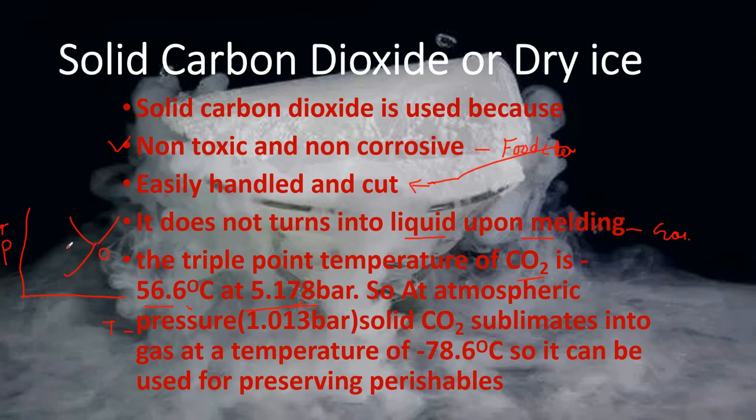This is point O, and suppose this is point A, this is point B, and this is point C. The triple point of CO2 is at 5.178 bar, and the pressure at which this CO2 is used is 1.03 bar. Only above 5.178 bar does it convert into liquid and go through the change from liquid to gas.